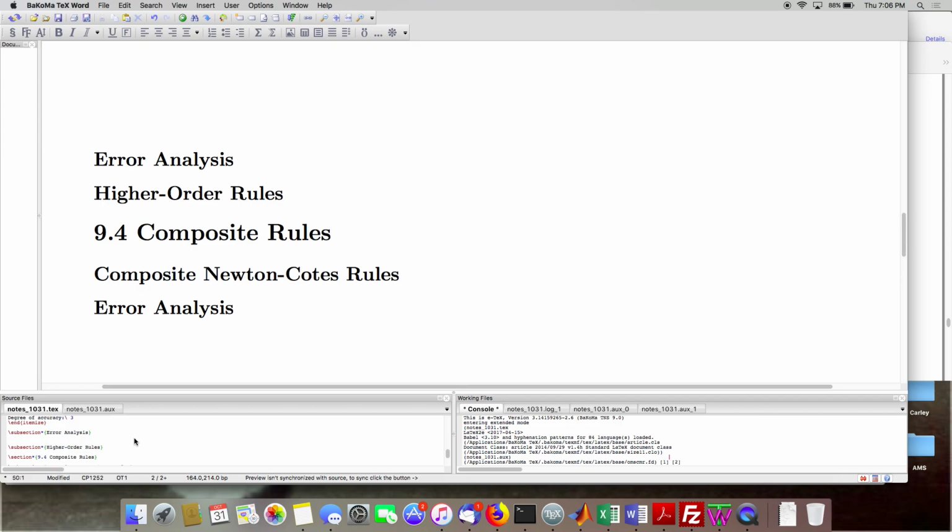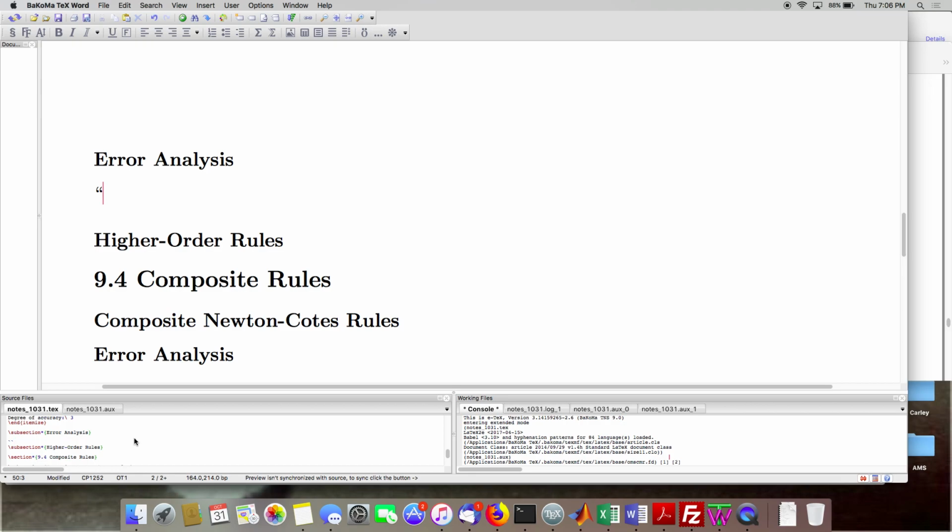The shortest statement I can make about how we get the error is: the error in the integral is the integral of the error. Meaning that when we compute an approximate integral, we're approximating f and integrating that exactly.